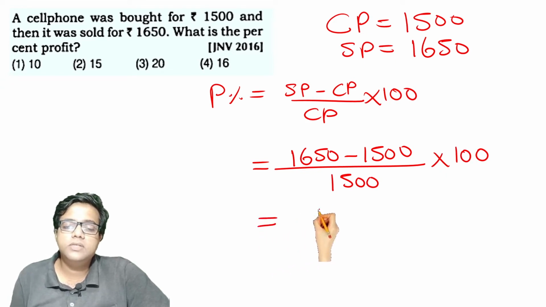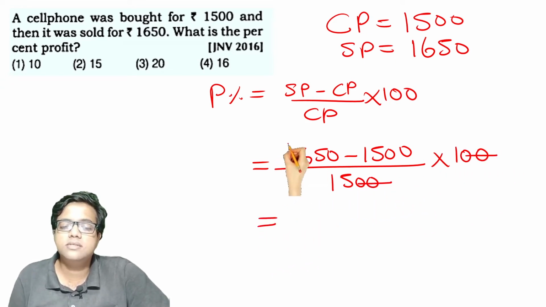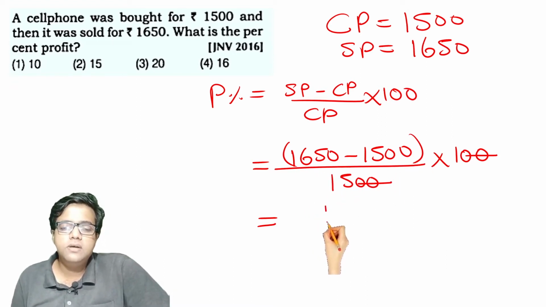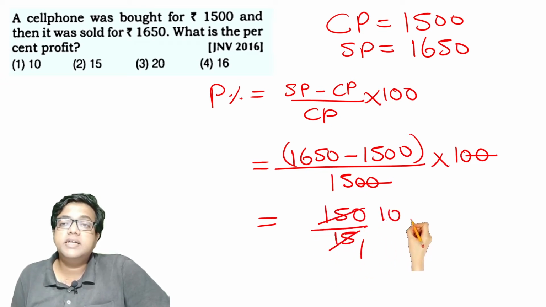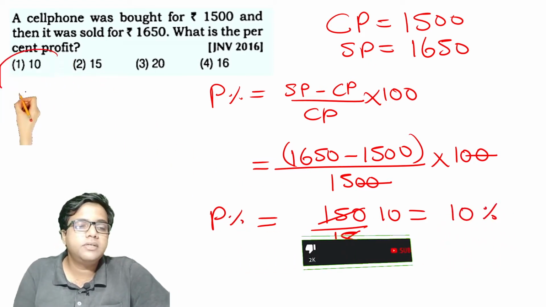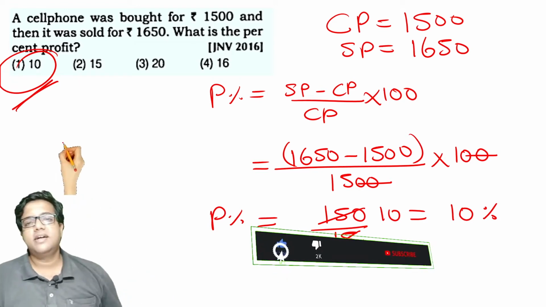So 2 zeros cancel. 1,650 minus 1,500 is equal to 150 by 15. 15 ones are 15. 15 tens is 150. Therefore, profit percent is equal to 10%. 10% is the profit. Option 1 is the right answer for this question.